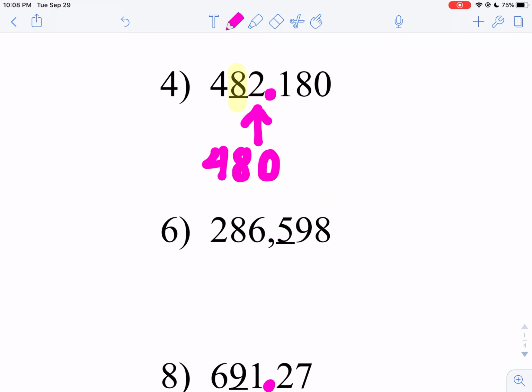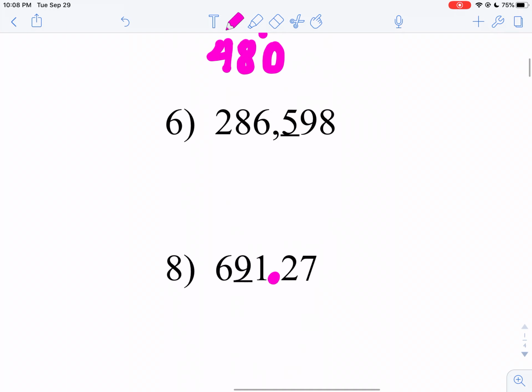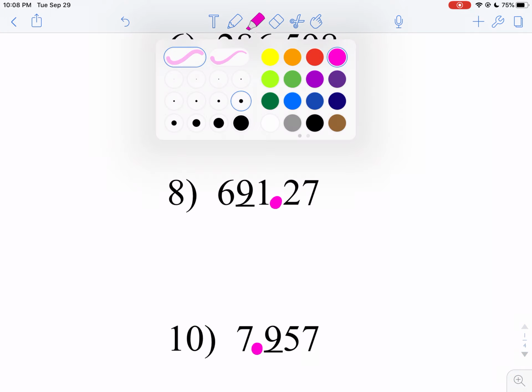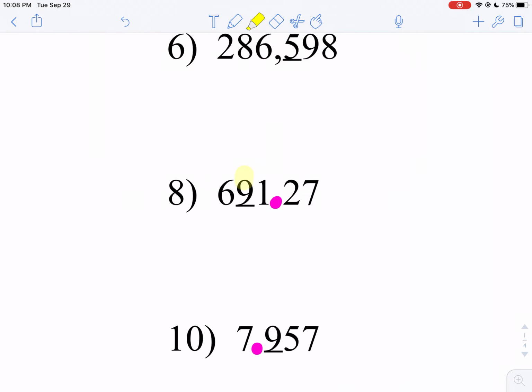Okay, let's take a look at number 8. All right, so again, locate the decimal point. I already did that. It's between 1 and 2. I am going to highlight my underlined number, which is the 9. Then I'm going to put an arrow beneath the number which is immediately to the right of my underlined number, which is a 1.